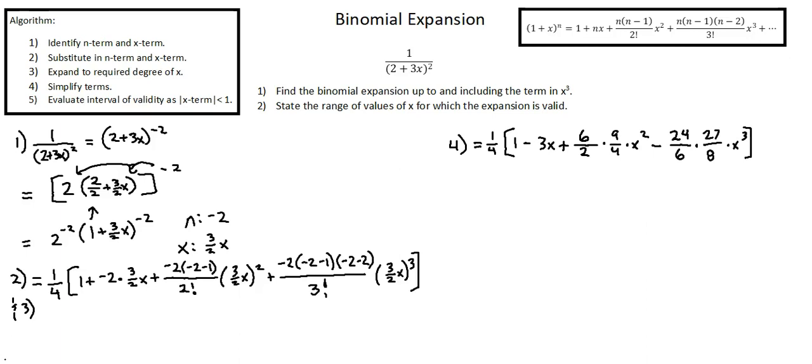Close brackets. Continuing to simplify, 1 over 4, brackets, 1 minus 3x plus 6 over 2 times 9 over 4.